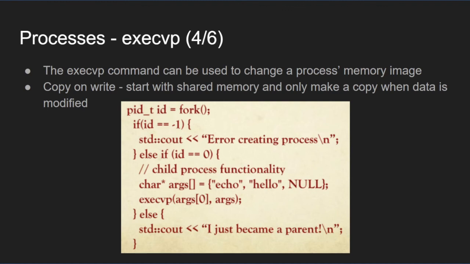And that doesn't just extend to bash commands, but you could have it change what program the current process is executing. And you do that with just the arguments you want to feed the program or feed the current process, and then the arguments array.